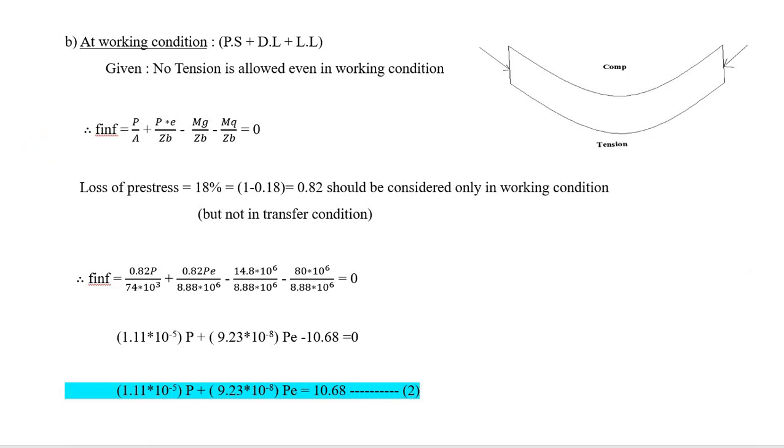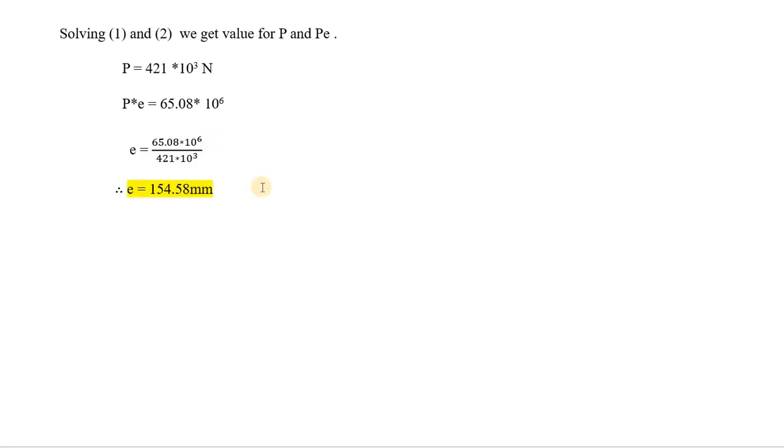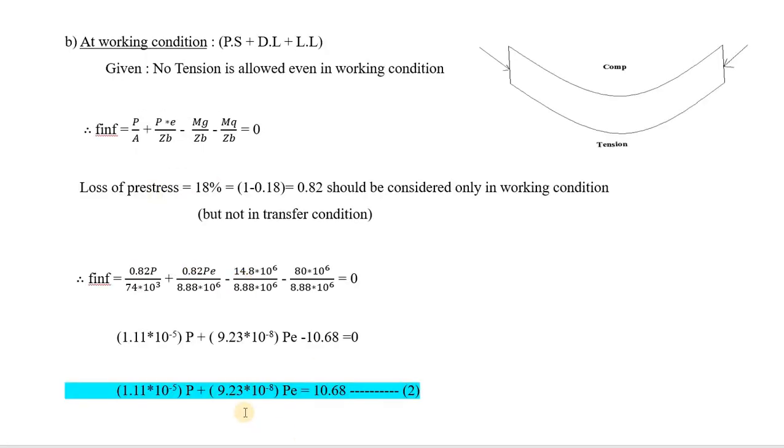Now, solving equations 1 and 2, we will get the values of P and PE. Please observe carefully. In the equations we have a term like P here and PE here. So whatever value comes, it will come in the form of P equal to some value, PE equal to some value.